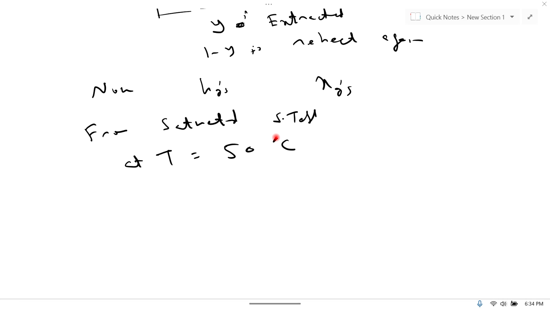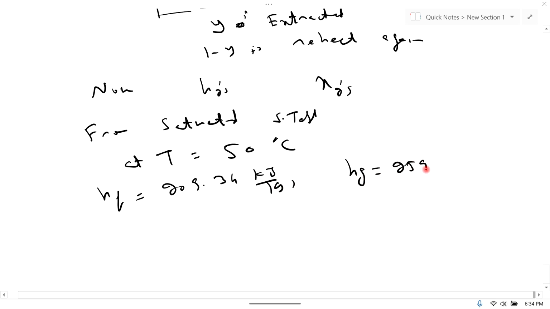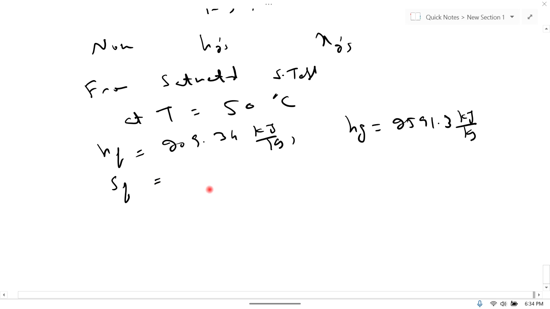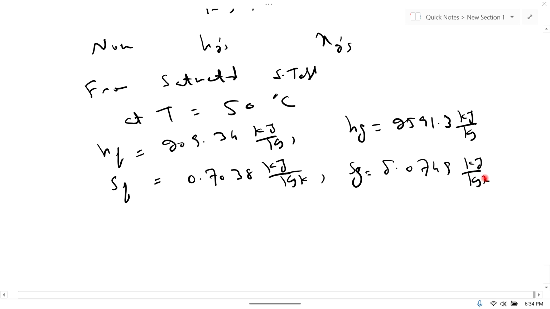So at 50 degrees centigrade, HF is equal to 209.34 kilojoule per kg, Hg is equal to 2591.3 kilojoule per kg, SF is equal to 0.7038 kilojoule per kilogram per Kelvin, and Sg is equal to 8.0749 kilojoule per kilogram per Kelvin.